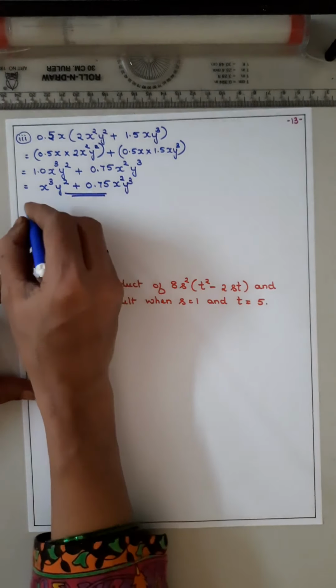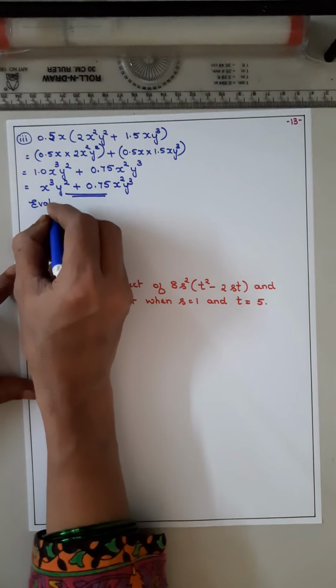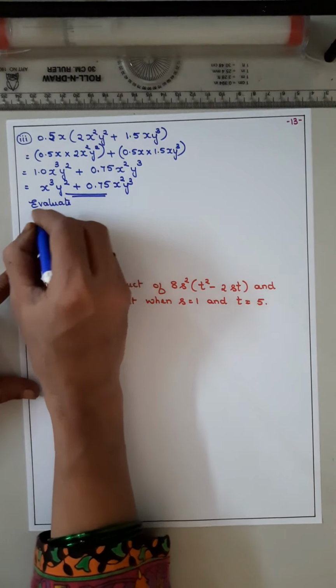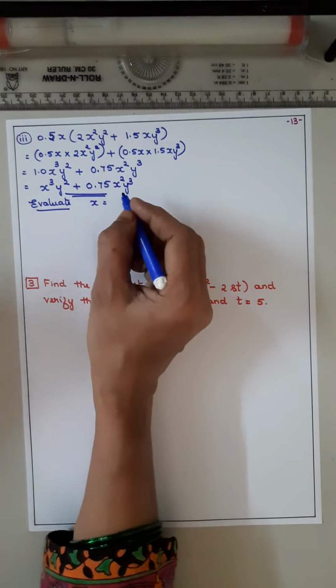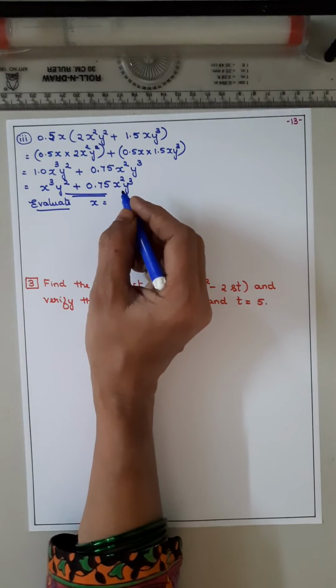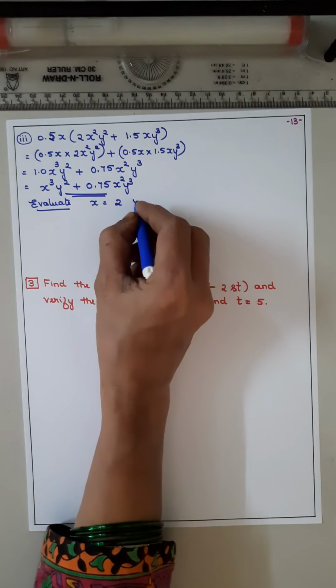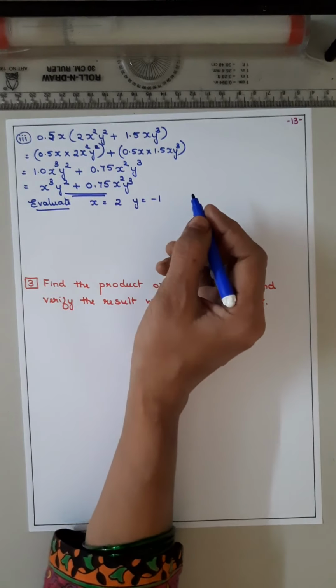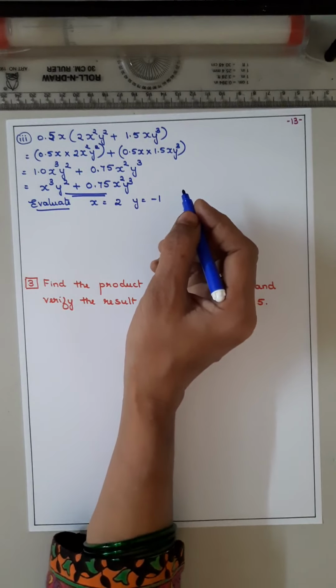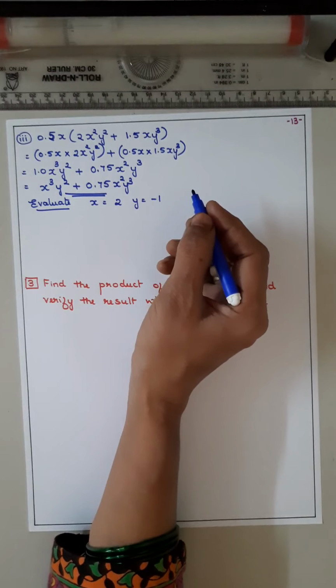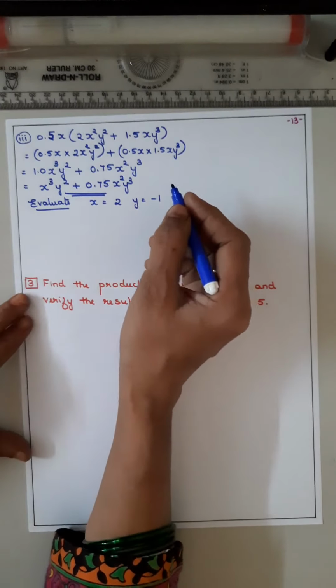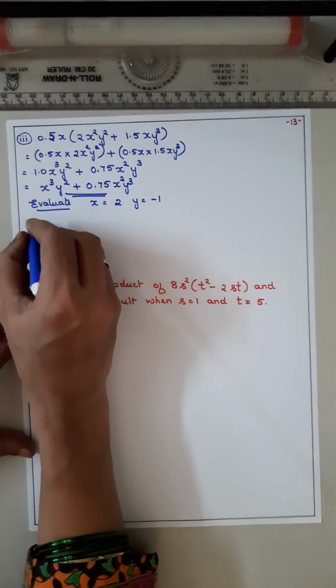Now it is evaluate. What we had told. X is equal to, value was x is equal to 2 and y is equal to minus 1. Isn't it? X is equal to 2 and y is equal to minus 1. Now what is the answer we got?